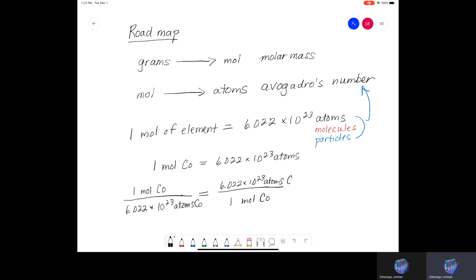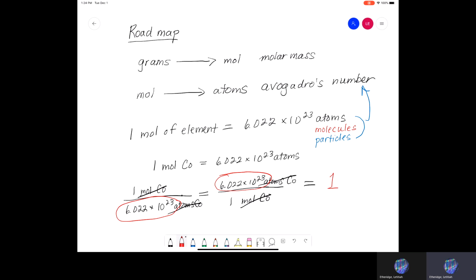Don't forget your units. So these are the two conversion factors that you can use to go from moles to atoms. Which way you're going is going to tell you which way to put your conversion factor. Just like above, atoms of cobalt, moles of cobalt, moles of cobalt, 6.022 times 10 to the 23rd divided by 6.022 times 10 to the 23rd, guess what?